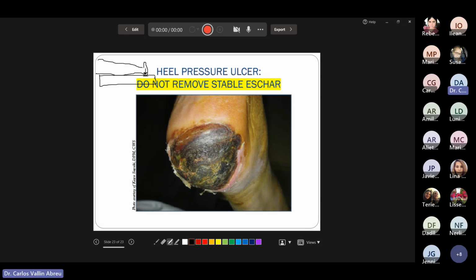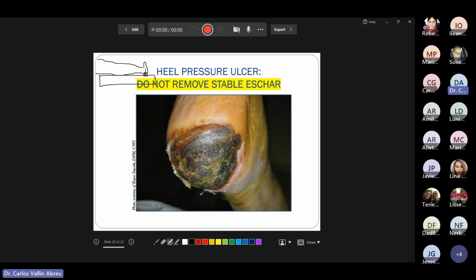The heel is an example of a bony prominence, where you have only skin and bone. And it is very susceptible to necrosis, because it's an area that generally doesn't have excellent circulation.